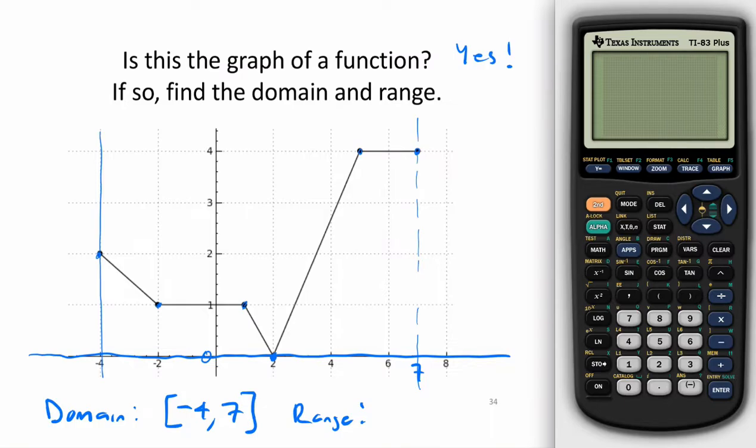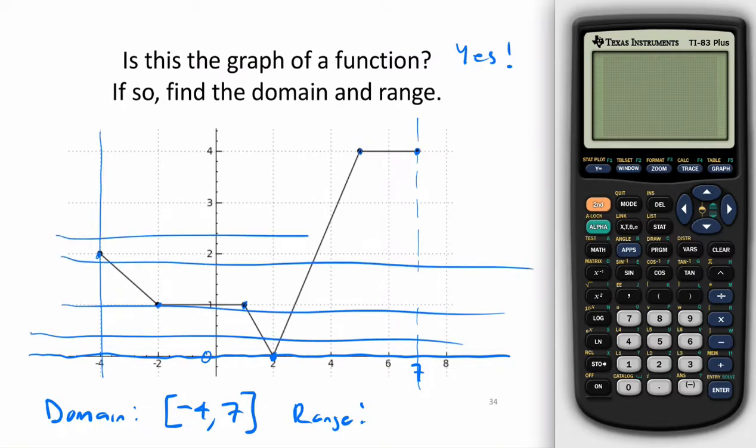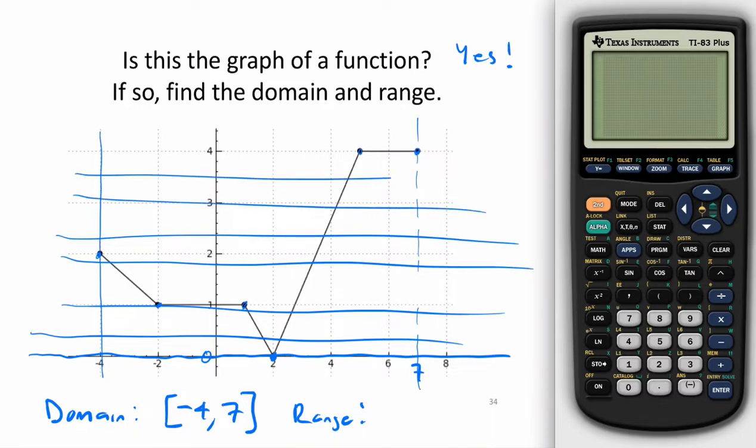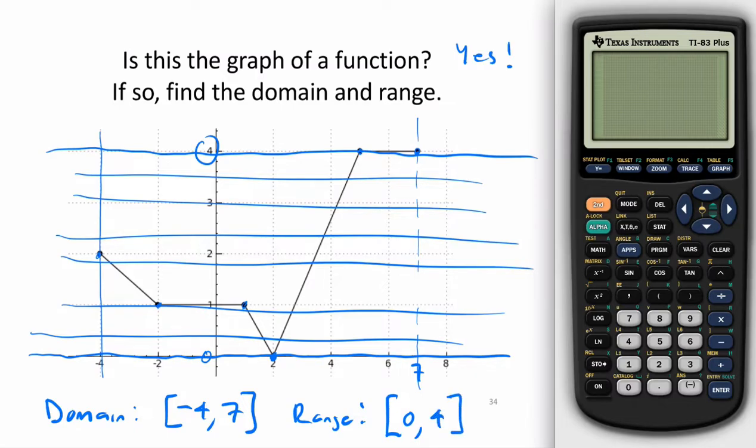And now every horizontal line above that intersects the graph at least once until we get to the highest horizontal line that intersects the graph, and that's at 4. So the range includes all real numbers between 0 and 4, including those endpoints, 0 and 4.